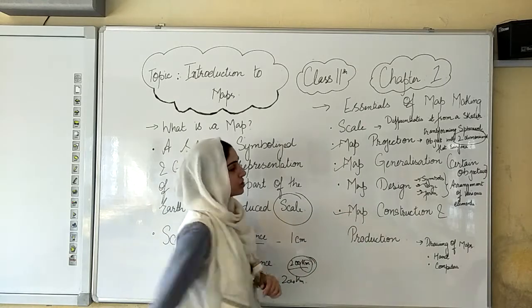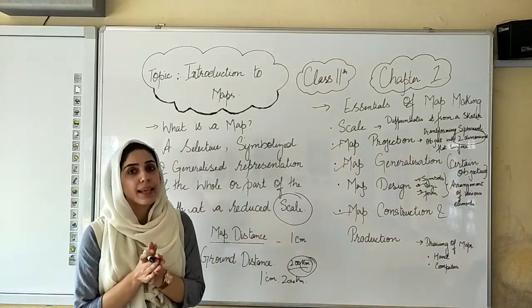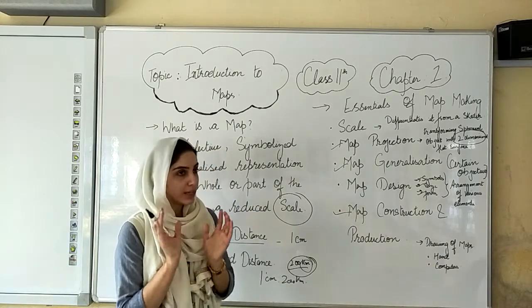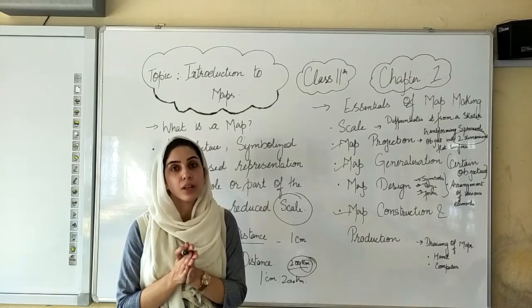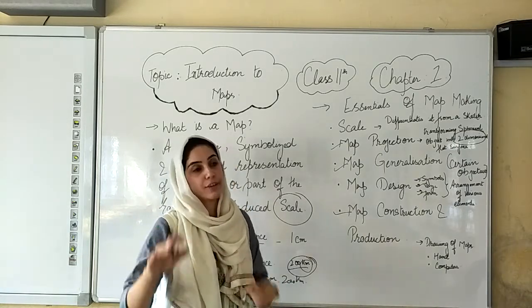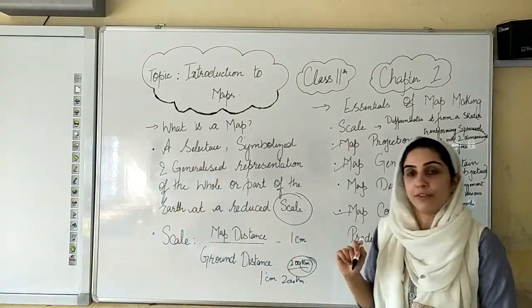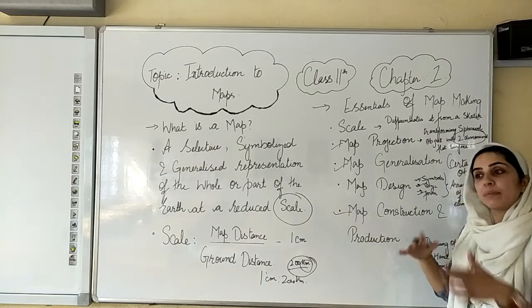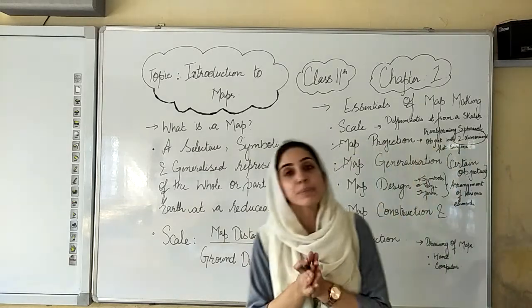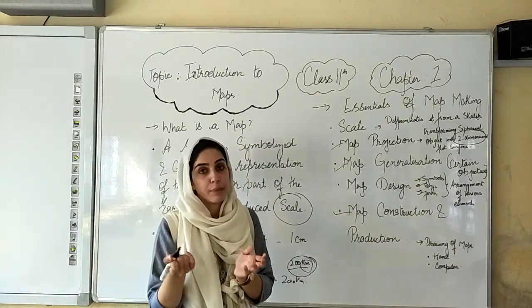Then we have the map construction and production. What is that? Simply making of maps with a pen or a paper. Like one important term is there, cartography, right? The art of map making is cartography, and the person who makes the map is a cartographer. So what used to happen, sometime before, we used to make the maps by hand on a sheet of paper.